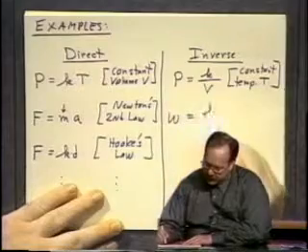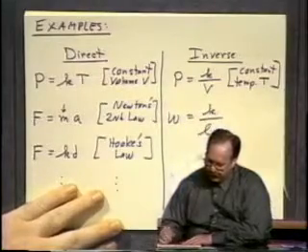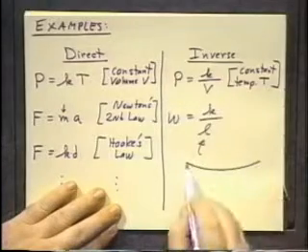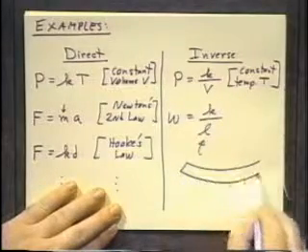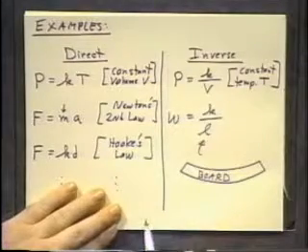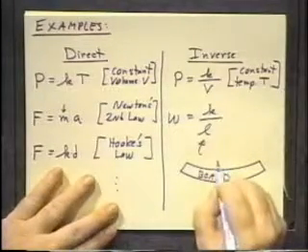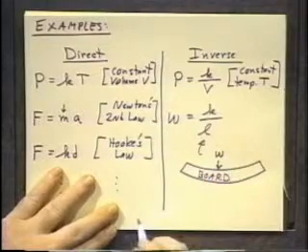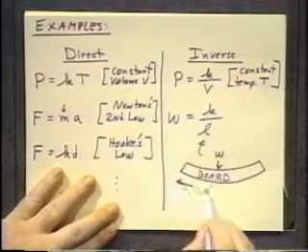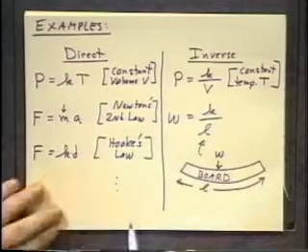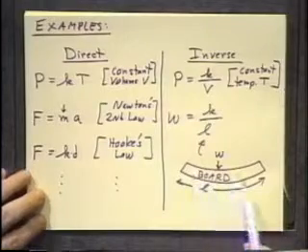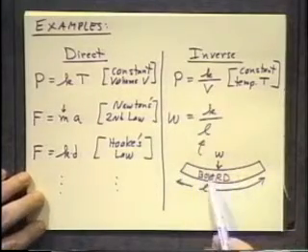Here's another one that's a little bit more unusual. W equals K over L. And the situation here is that you have, and I'll draw it bent, a board. Imagine you have a board, say, made out of pine or something. And there is a weight that is put at the center of the board, and the board is supported at the ends, say. And the L represents the length of the board. Now, if you think about this, as the weight increases, the board is going to bend more.